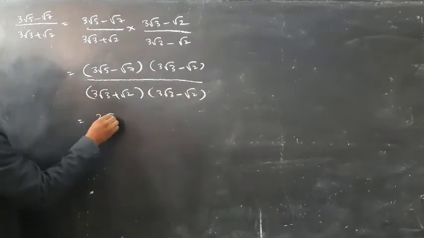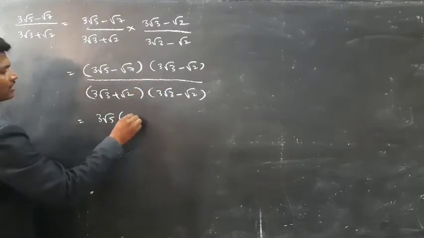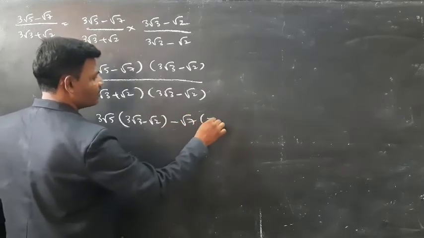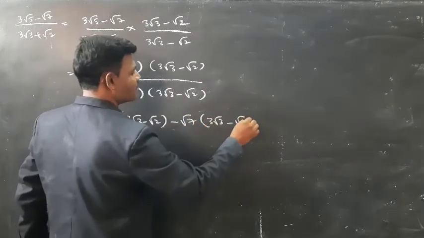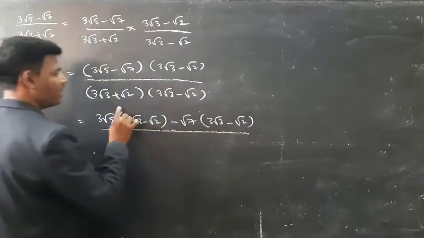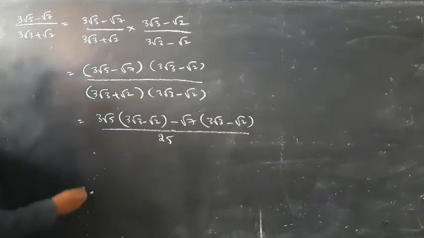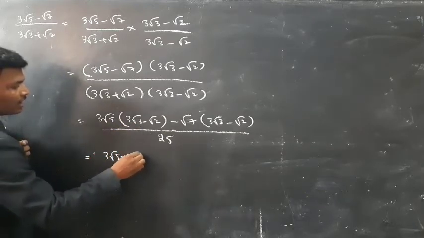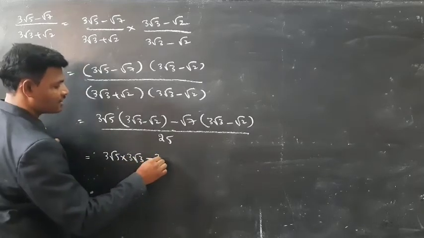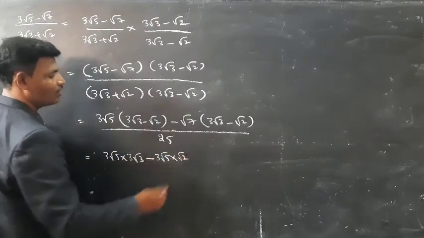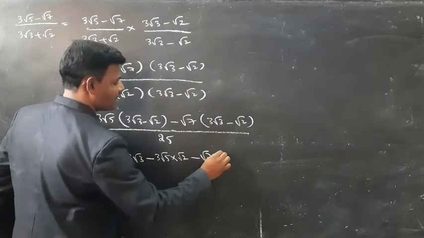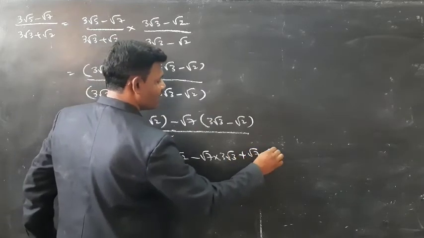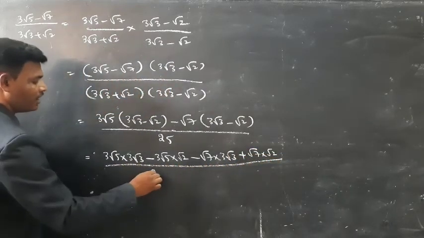Here, first of all, 3√5 times (3√3 − √2) minus √7 times (3√3 − √2), by, already we know the value of the denominator. What is that? 25. Now 3√5 into 3√3 minus 3√5 into √2 minus √7 into 3√3 plus √7 into √2, by 25.